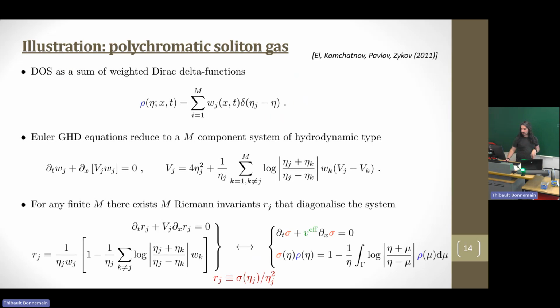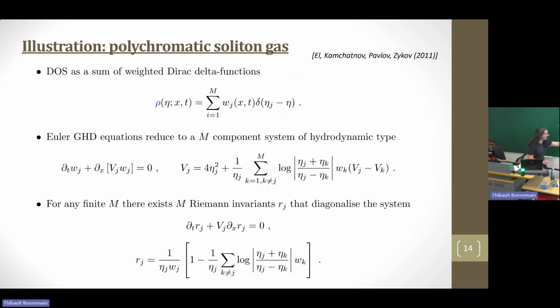Okay. And this is the Riemann invariant, and as you can see, it looks like a discrete version of the equation that we were solving earlier.